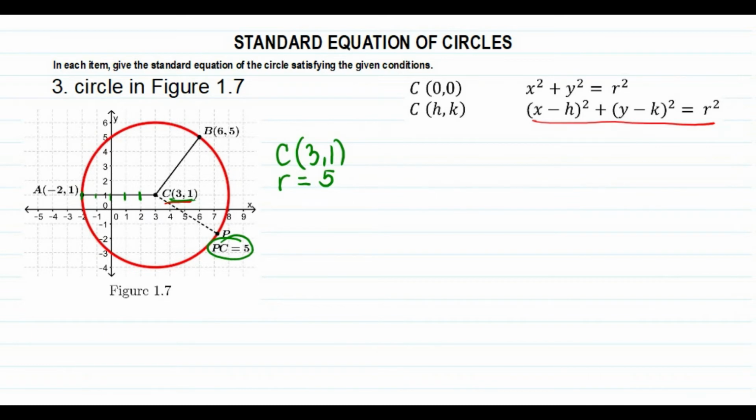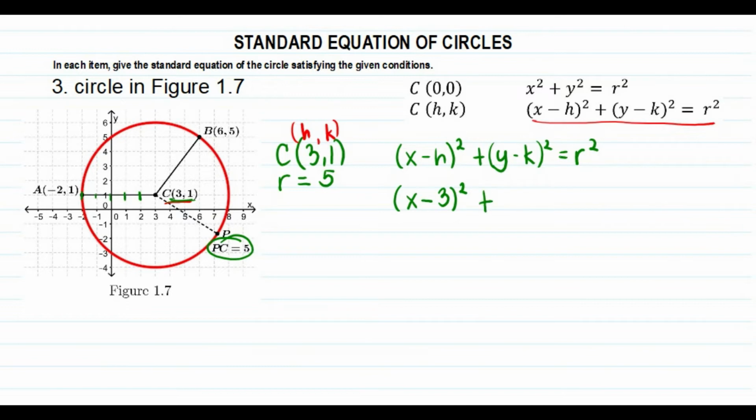Then, simply copy the equation. Yan. And then substitute the values. X minus our h is at 3 and our k is 1. So, ganyan lang yan. Is 3, the squared of x minus 3 plus the squared of y minus 1.